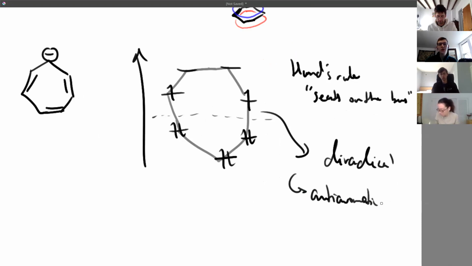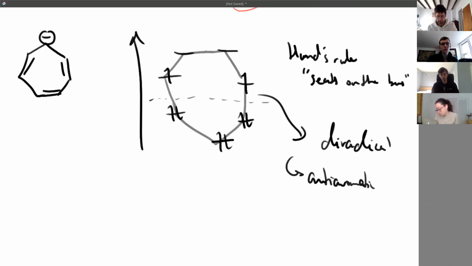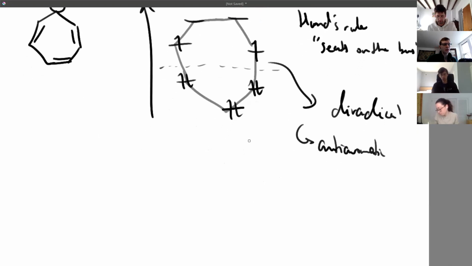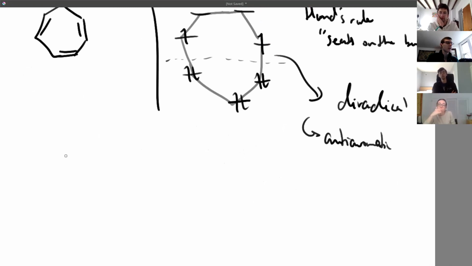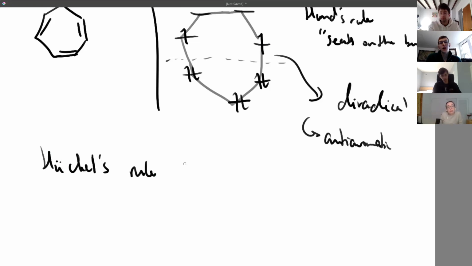Okay, in other words, this is the whole origin of the rule, Huckel's rule, that's the name. So you get Huckel's rule, which tells us that if you can express the number of electrons as 4n plus 2, then it's aromatic.